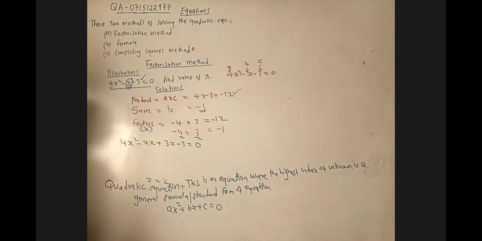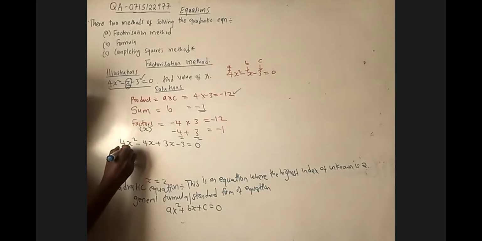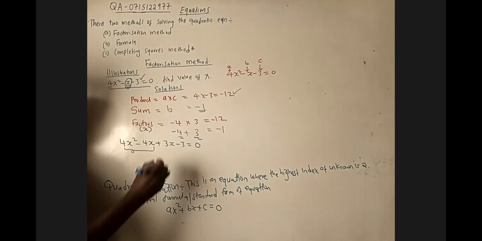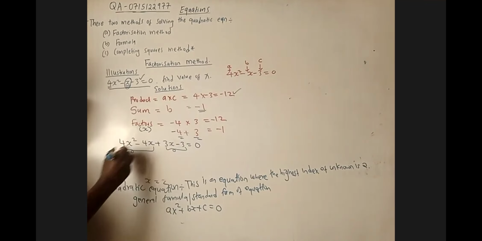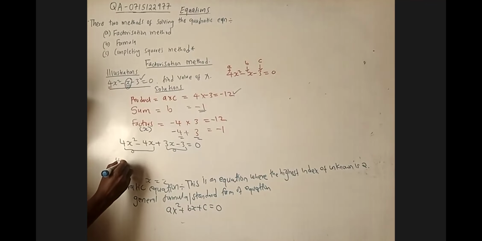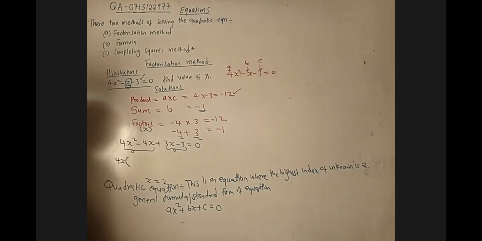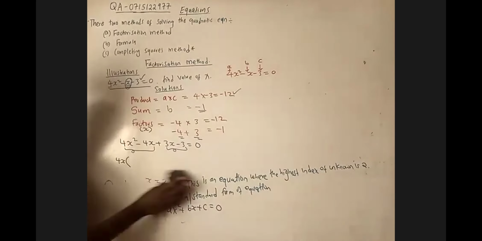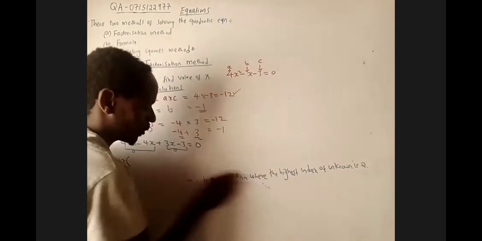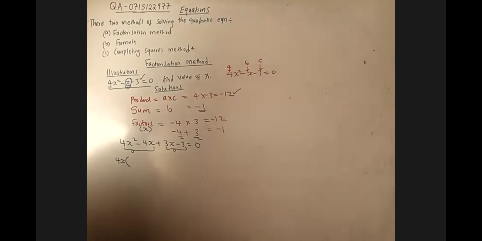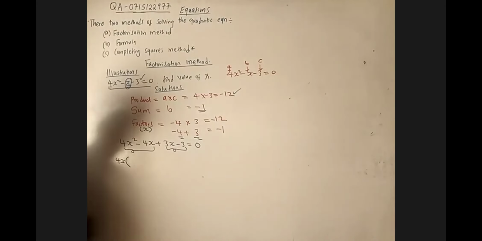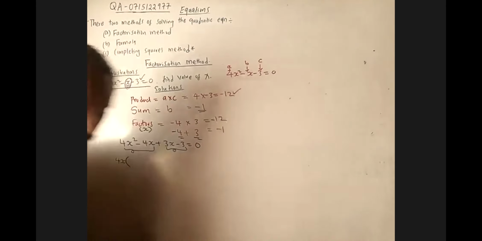Now we factorize. Which one is the common item? 4x is common in the first pair, and 3 is common in the second. You know how to factorize from your previous level; you just factor out the common item.